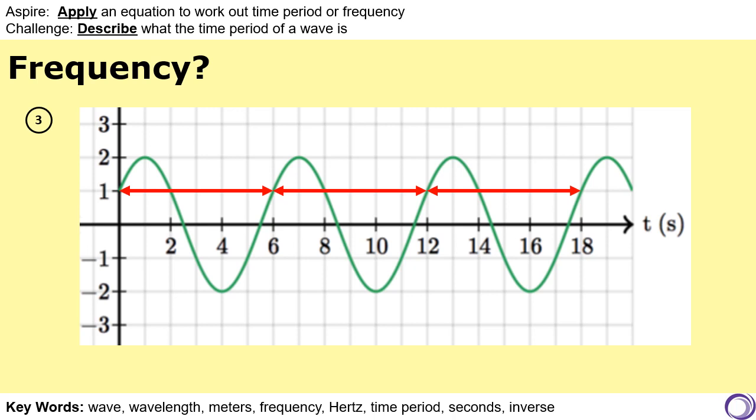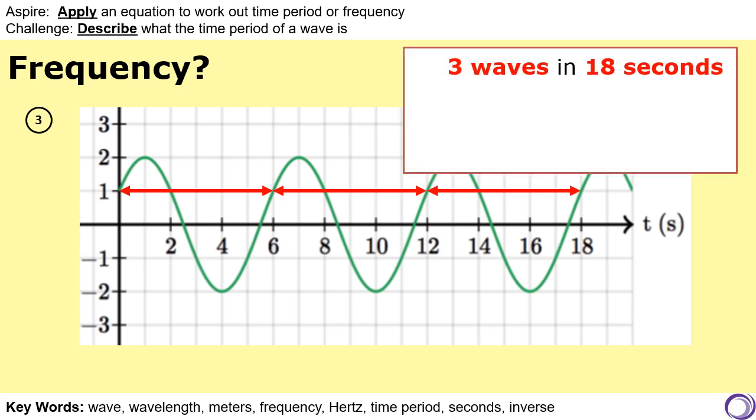So we have here 3 waves, and if you look at your x-axis, that's in the space of 18 seconds. So we have 3 waves in 18 seconds. Now I want to know the number of waves in 1 second, so I'm going to divide my 18 seconds by 18 to get down to 1, which means I also need to divide my 3 waves by 18.